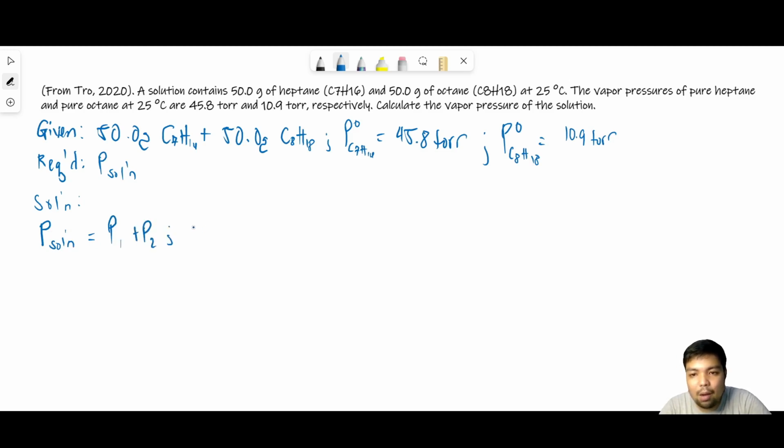Let's say our component 1 is heptane, and our component 2 is octane. So what we need to do is get the vapor pressure of each component in the solution. This is where we use our Raoult's Law.